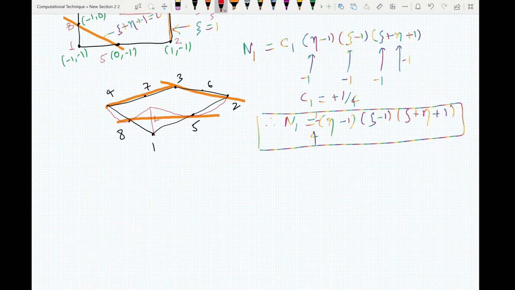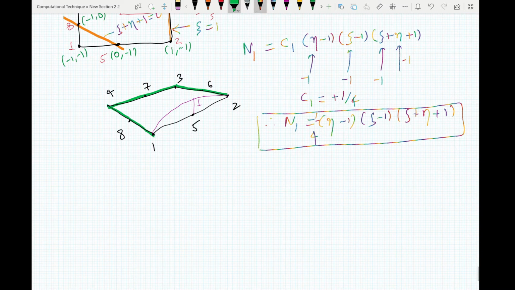Let's try to find the shape function for n5. So if you draw n5, you'll get this one as 1, so it will be 0 along this line and this line. So we have to use 3 equations for this one. So what you get is this one, and this one.